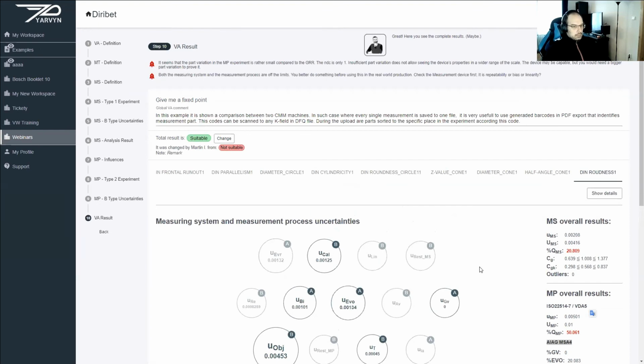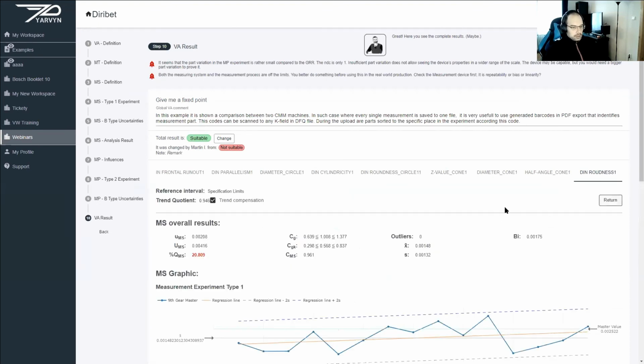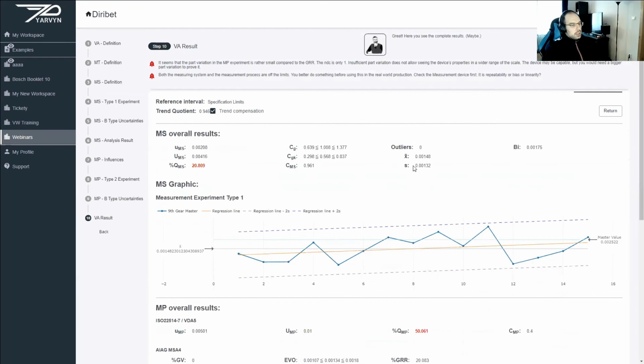And for each characteristic, you also have the advanced view with more details, where the partial results are. So here you can see what reference interval was used for this specific evaluation. In here, it's the specification limit. You see that it's with trend compensation and the overall results.